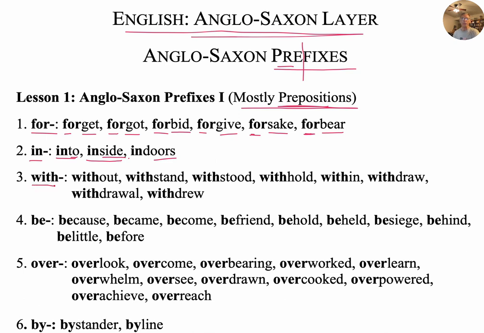Number three, we have the preposition with, and so we have without, like you ran out of candy, so you're without candy. Withstand, in a storm, will the house stand or not? Can it withstand the wind? Withstood is the past tense of withstand, and so the house withstood the wind and it wasn't hurt.